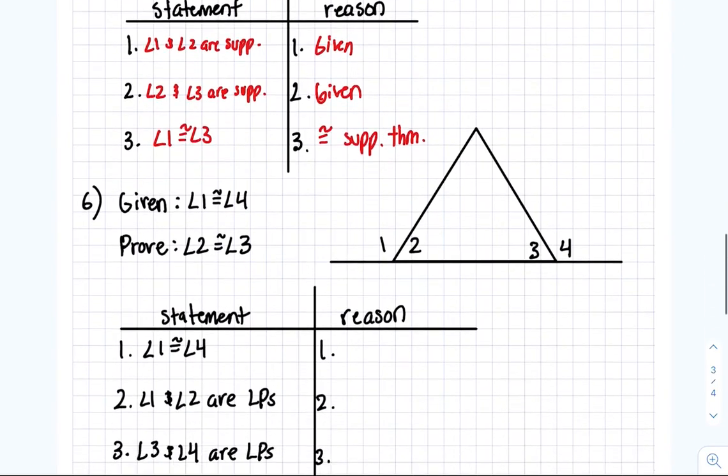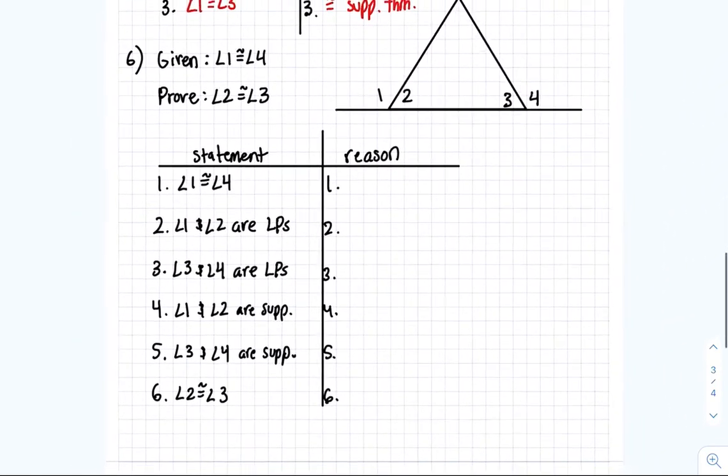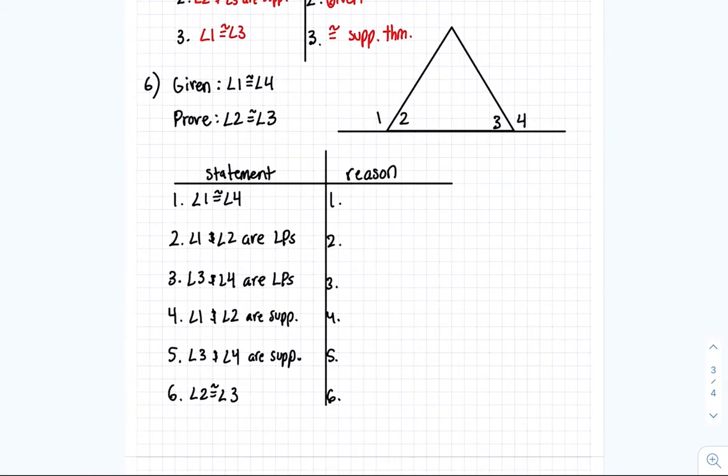Okay. And lastly, we have number 6. Number 6, you guys. This one's given. Okay. So, 1 and 2 are linear pairs, and 3 and 4 are linear pairs. Well, that makes sense because, you guys, you know if it's a straight line, and you have angles, right?